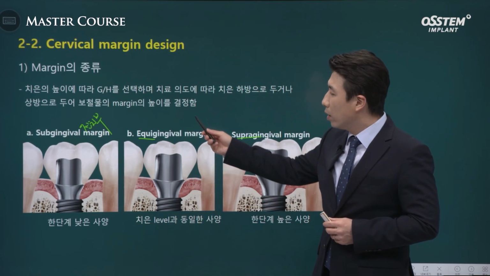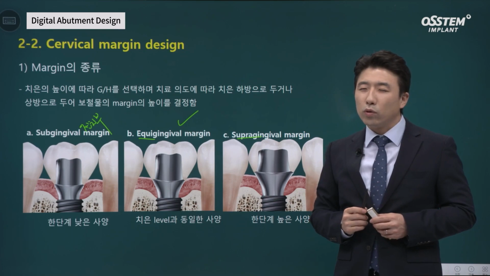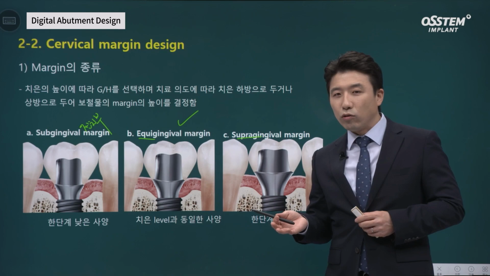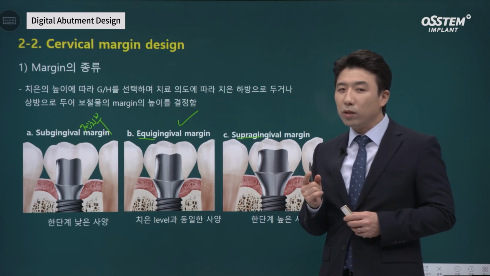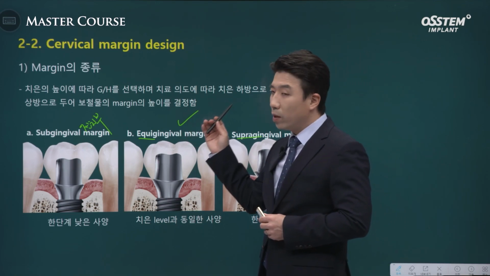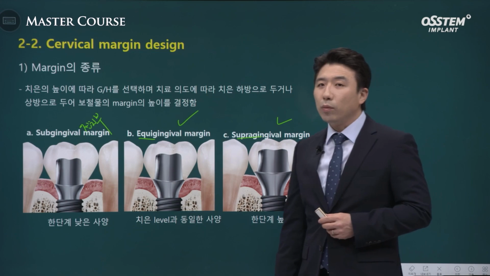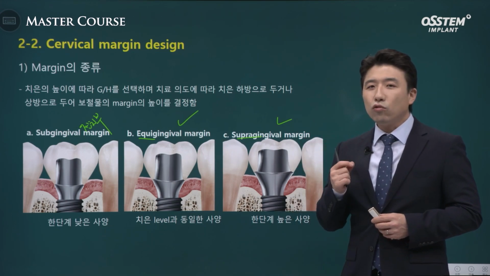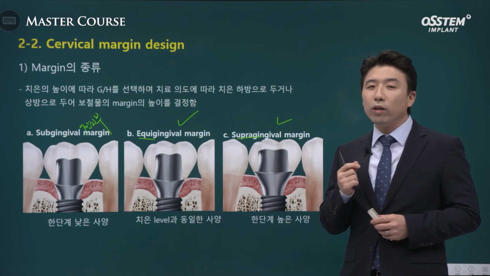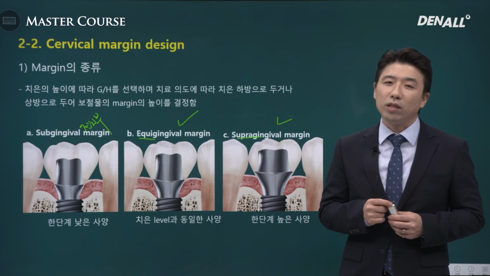There are areas where a subgingival margin is unnecessary, like the molar region and premolar region where aesthetics are not as important. Such options can be used. At times, a supragingival margin is necessary. In cases where oral hygiene is very important or where gingival condition is not as good, in order to allow for easy oral hygiene maintenance, a supragingival margin can be provided.